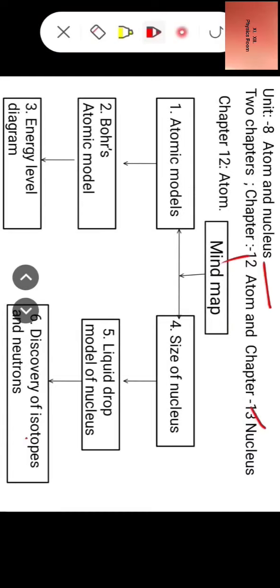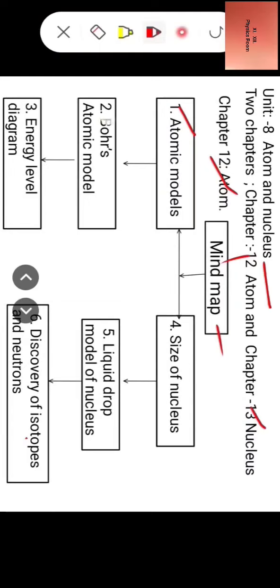First we take up chapter 12, that is atom. Now how we are planning to learn this chapter, the mind map is shown here. First we will take up atomic models.